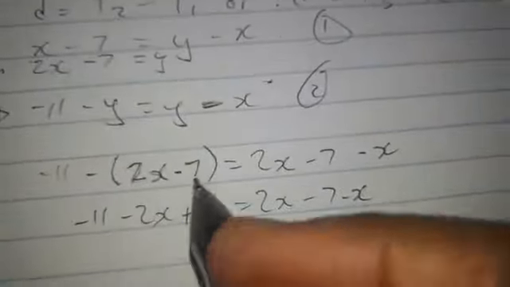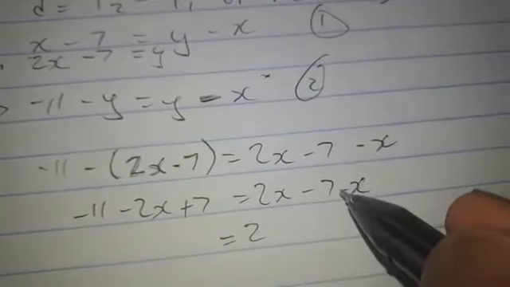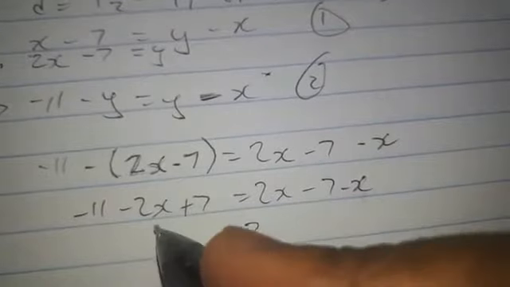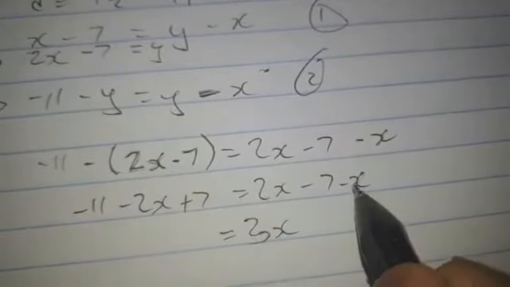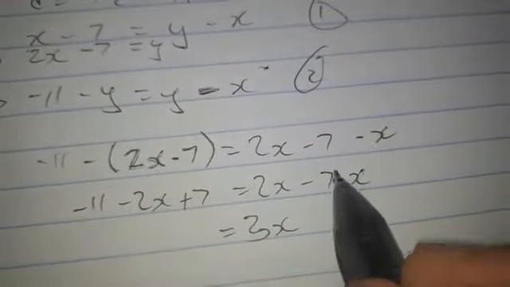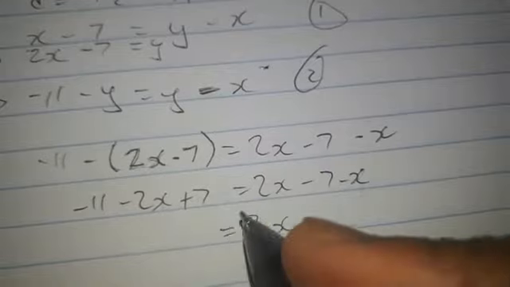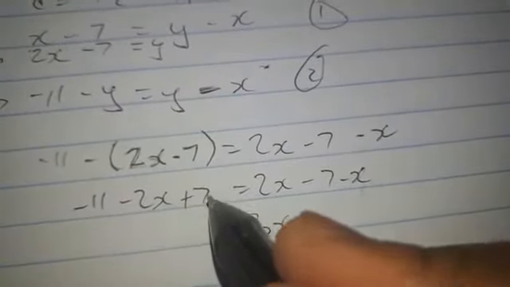Then the x terms: this minus x, and then plus this 2x when it comes over, it's going to be 3x. Now the numbers, we can put them on one side: negative 11 plus 7 plus 7.